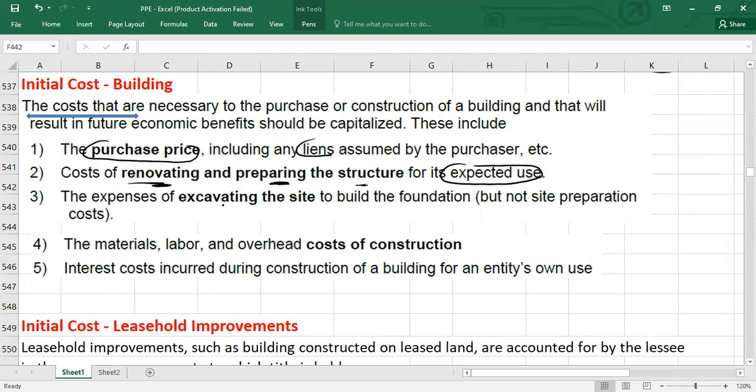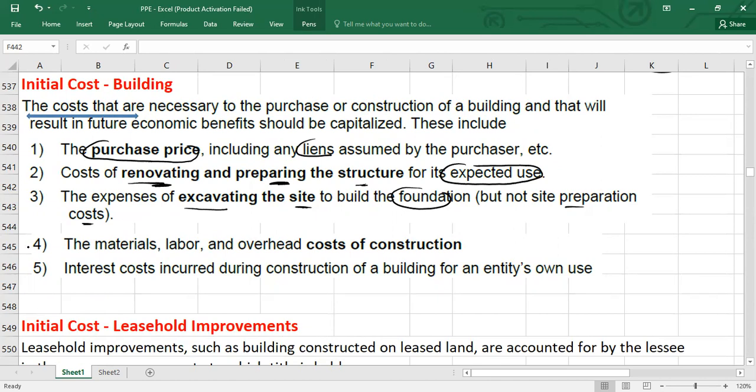And it might also include the expense of excavating the site to build the foundation, but not the site preparation cost. You should remember, the site preparation cost, like the leveling, etc., will go to the cost of land account. But when you start the construction of the foundation of the building, the cost of the foundation will go to the cost of building account, not to the land account. Site preparation cost should go to the land account.